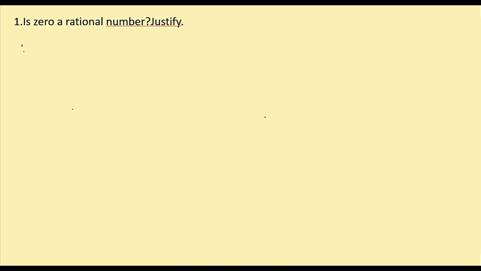The first question is: is 0 a rational number? Justify. Okay. So, the solution or the answer is: 0 can be represented as 0 by 1 or 0 by 2 or 0 by 100 or anything. Okay.